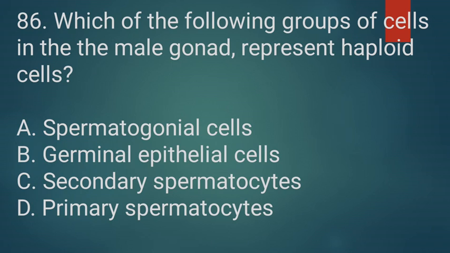Secondary spermatocytes represent the haploid cells. That is option C. So option C is the right answer.